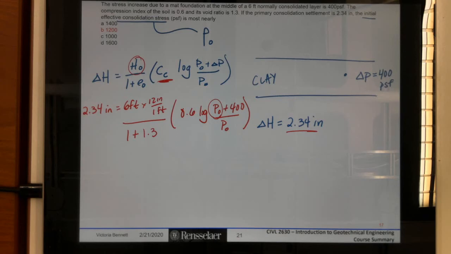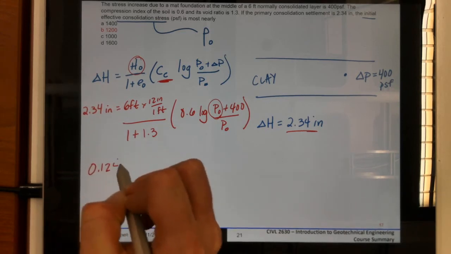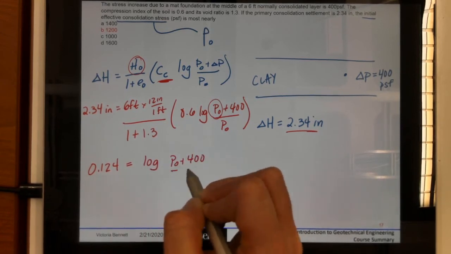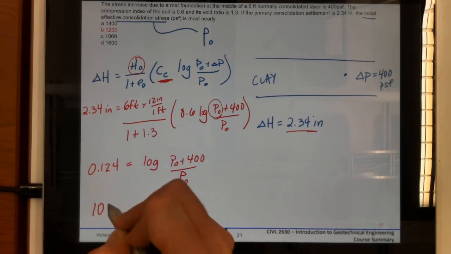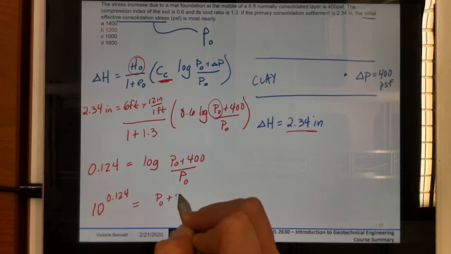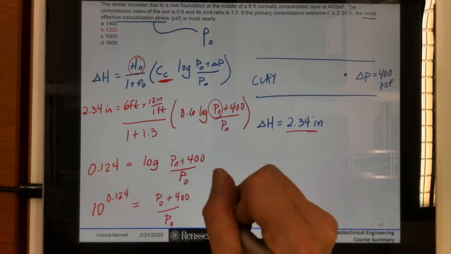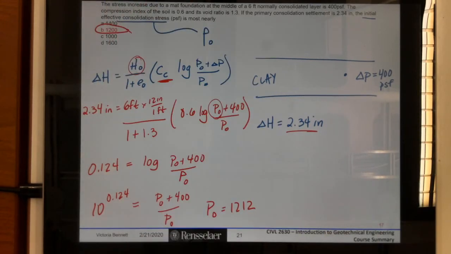But the basic idea is this reduces down to, so that's the exponent to 10. So then you can solve for P naught. And I think I got 1212 in this case, and that's not too bad for most, nearly in the multiple choice.